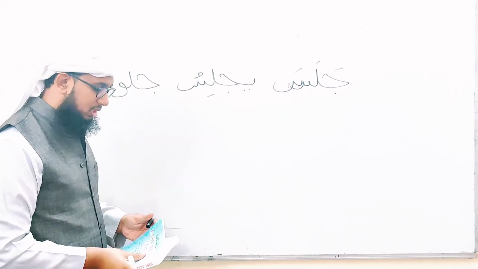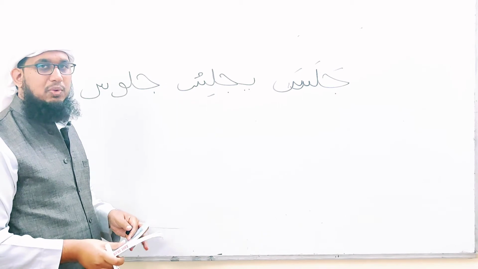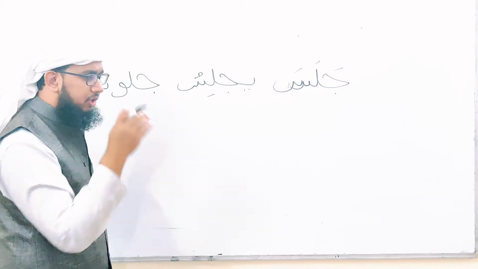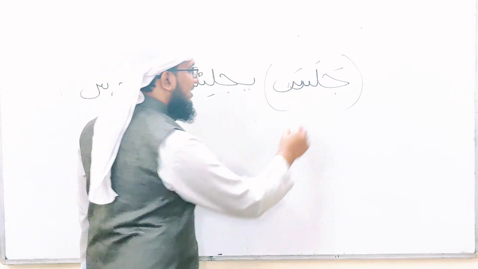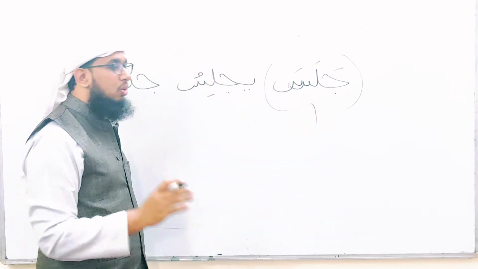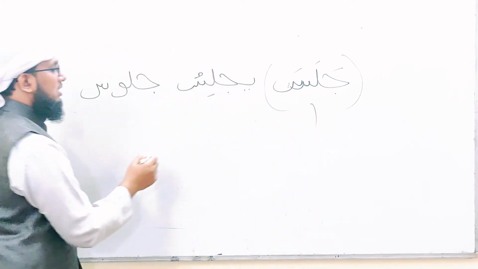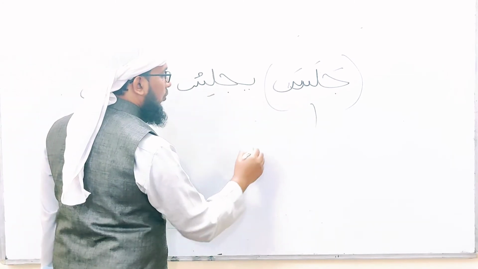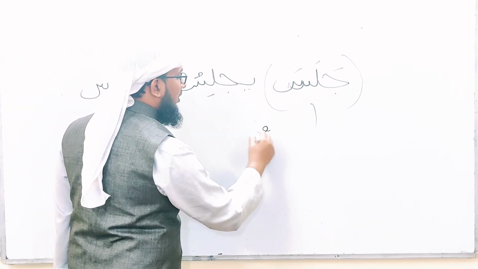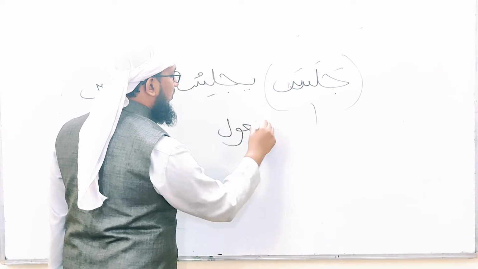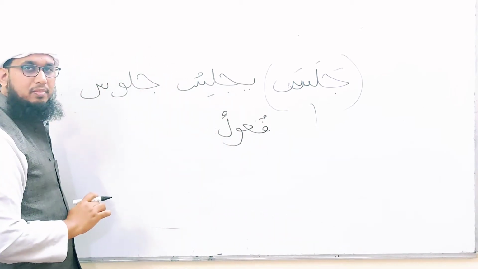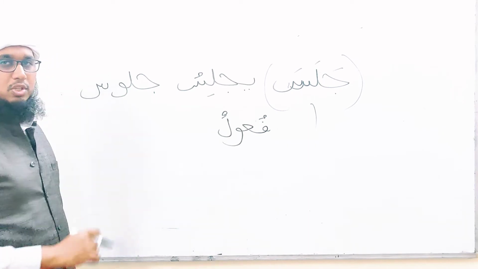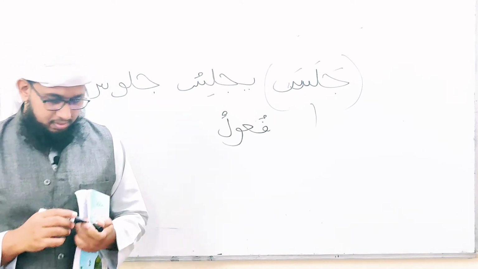Okay, so that also we can learn in that way, that fi'al madi thulathi, this is thulathi because it has 3 letters and it is lazim, not muta'addi. So the masdar of these types of fi'al will be in the wazn of fu'ulun. Okay, julusun. Okay, inshallah, I hope you all understood this. Naam.